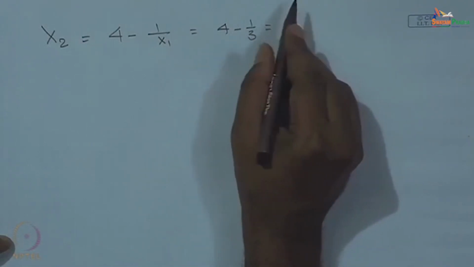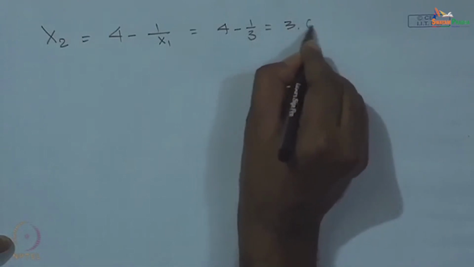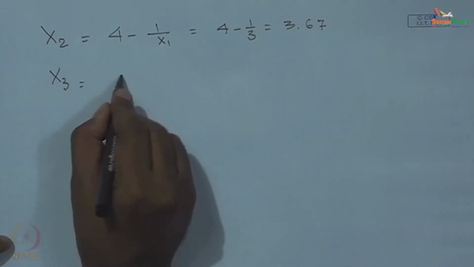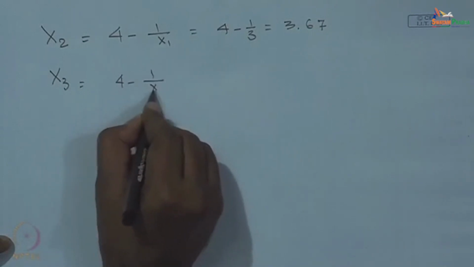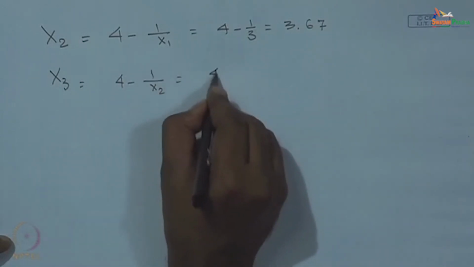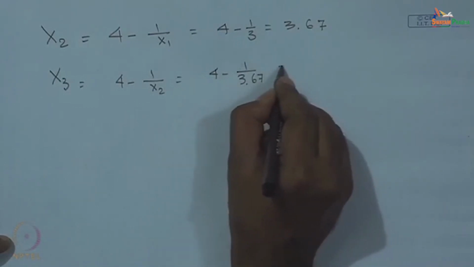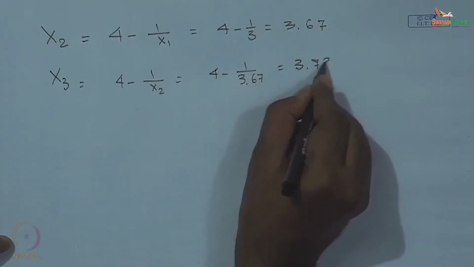So, it will be 3.67. Then your x3 is nothing but 4 minus 1 over x2, which is equal to 4 minus 1 over 3.67. So, this will be 3.73.